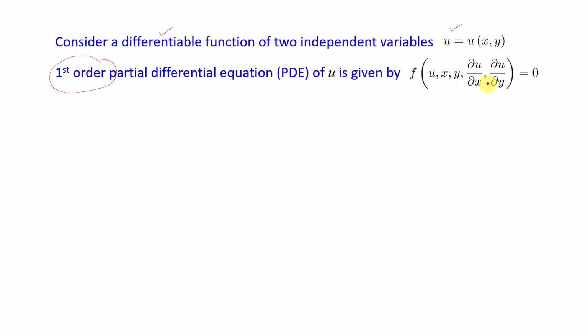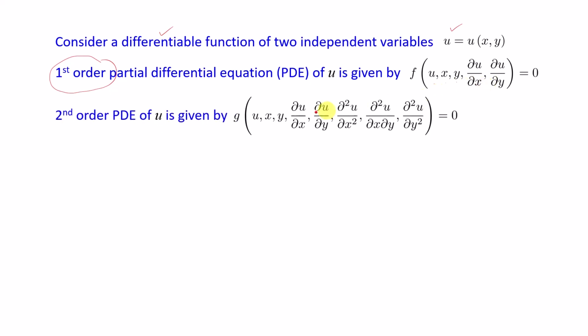Similarly, in a second order PDE of u, we have a function of u, x, y, then the first derivatives of u, and then the second derivatives of u. Second derivatives will have one del 2u del x2, another del 2u del y2, and there will be one cross derivative del 2u del x del y.